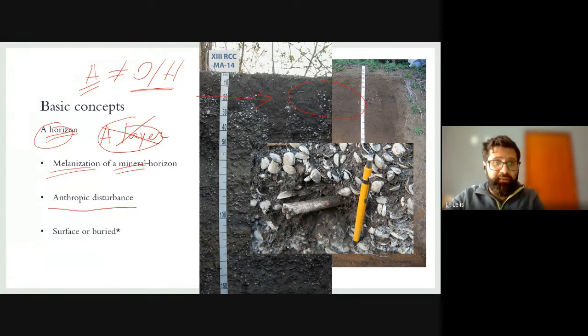Okay? And the A horizon can be on the surface, or we can identify it in the subsurface if it was buried in the past. It's important to identify and distinguish the A horizon from the others because the A horizon has dark colors, but all this organic matter didn't move. The organic matter creates this dark color, but the organic matter is not illuvial clay.